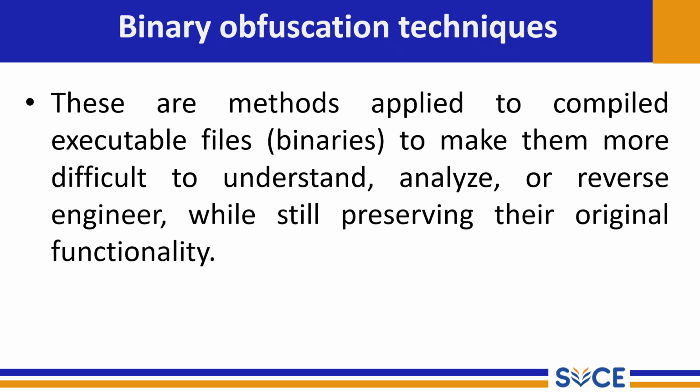Today, file and binary obfuscation are the techniques used to make computer files and executable code difficult for humans and automated tools to analyze and understand. The goal is to hide sensitive logic, protect intellectual property, and evade detection by security software.